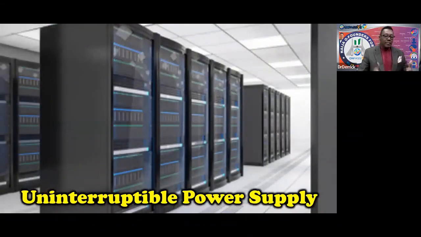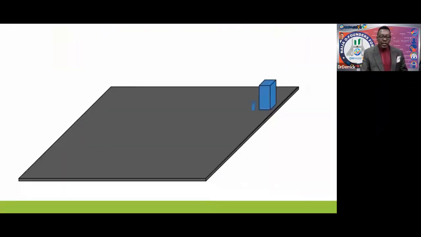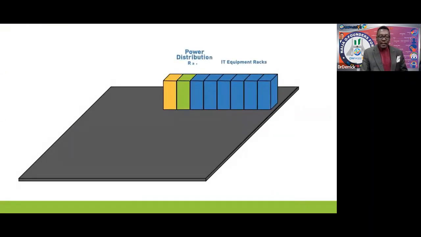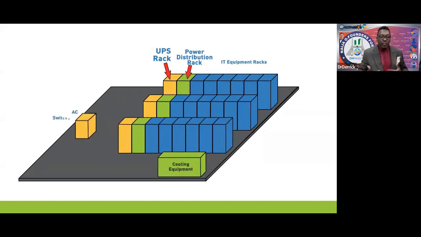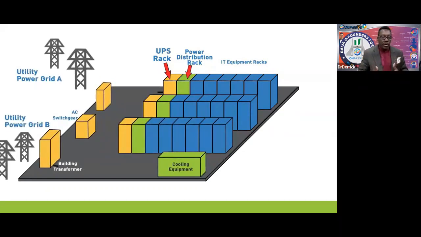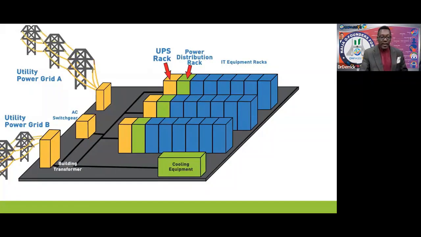So let me feature how all of this is put together in terms of a data center. The best but most expensive power setup is to have two different sources of electrical power grid coming into your data center, but this is very expensive.